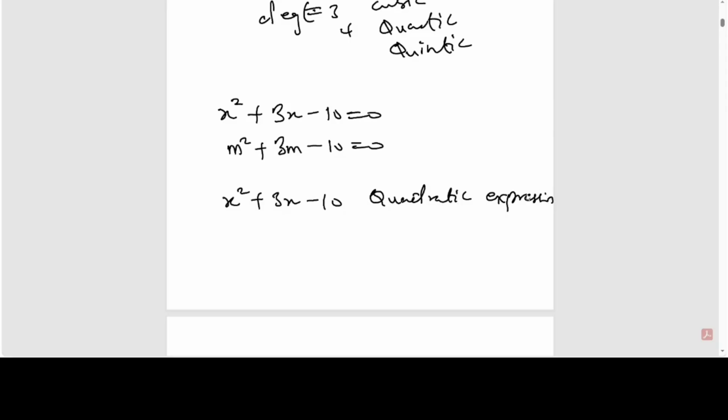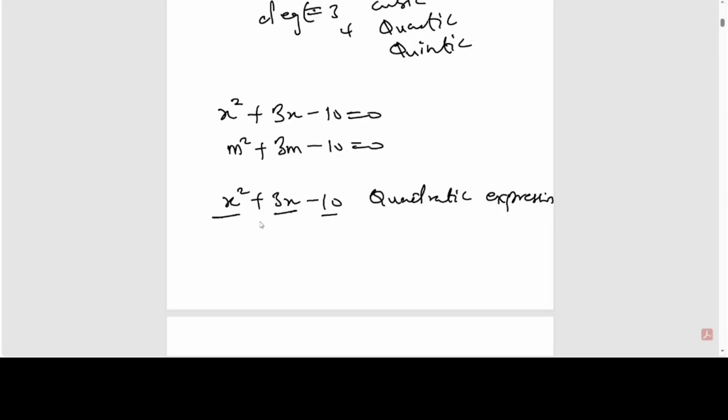So an expression is just a group of terms, right? This is a term, this is a term, this is a term, and terms are separated by addition, subtraction, and other operation signs. So an expression is just a group of terms without an equality sign, and an equation is one that comes with an equal sign.